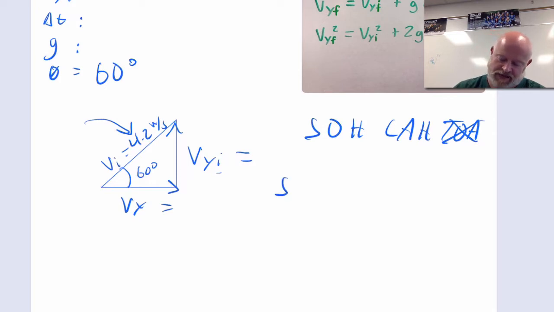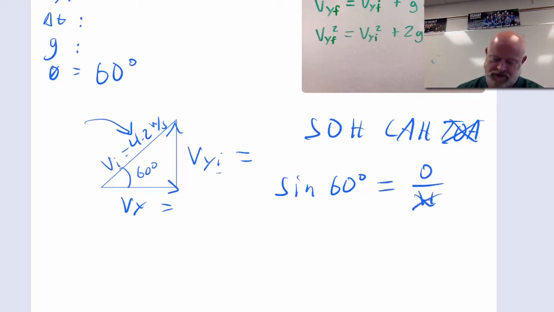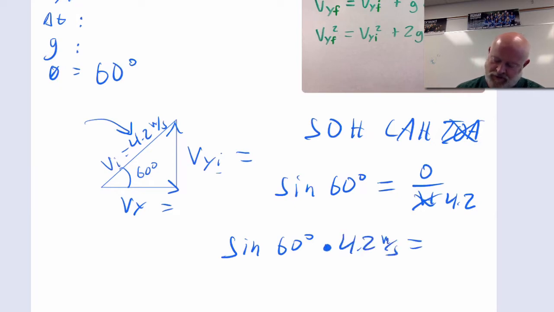So I know that the sine of 60 degrees will equal opposite over my hypotenuse. My hypotenuse is 4.2, so the sine of 60 degrees times 4.2 meters per second will equal my opposite.